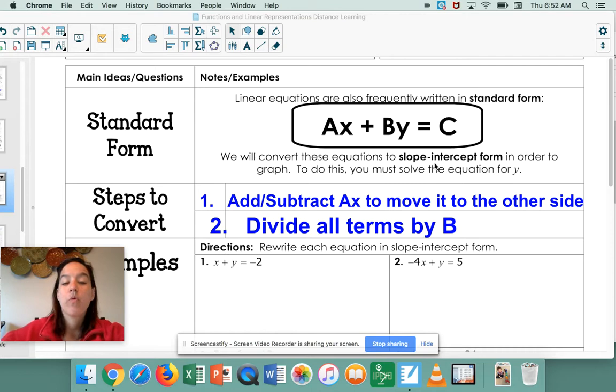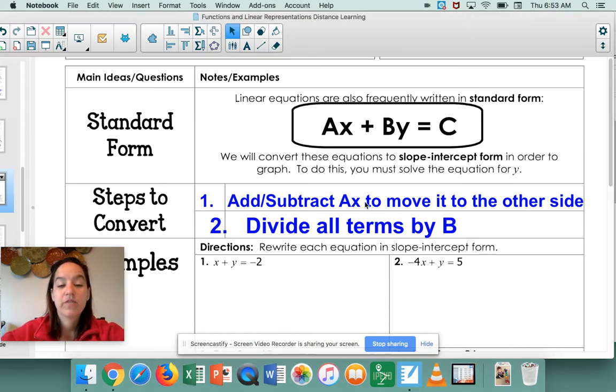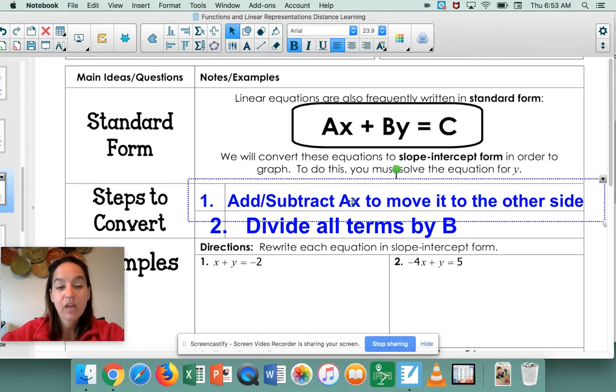So what we're going to be doing here is this first step, which is add or subtract the ax to move to the other side. So I'm going to take it from here and I'm going to move it over. How do I do that? Well, I use my inverse operation. So if ax is positive, I'm going to subtract it. If ax is negative, I'm going to add it. Okay.